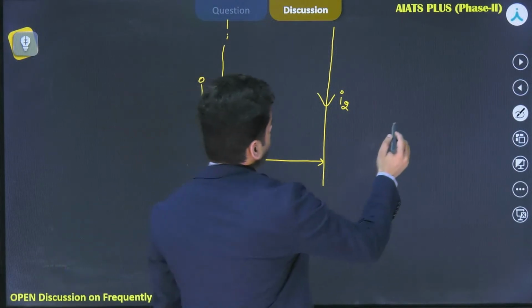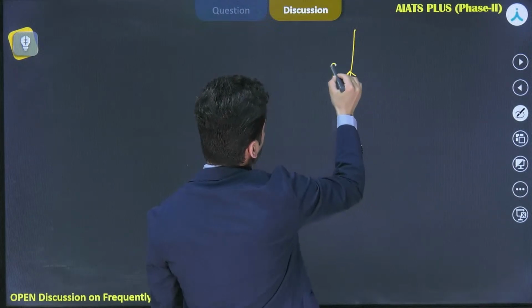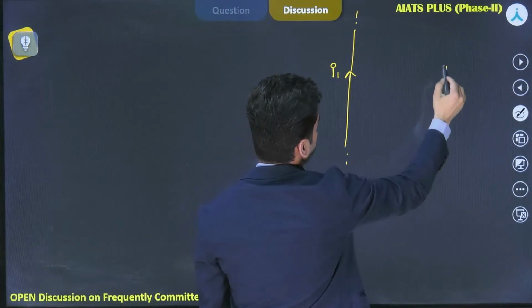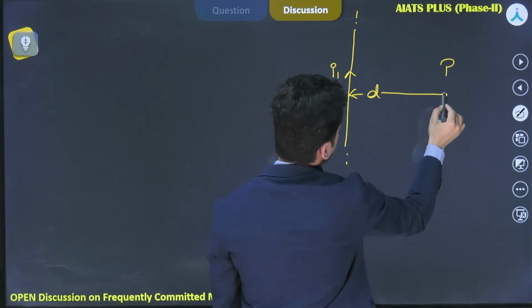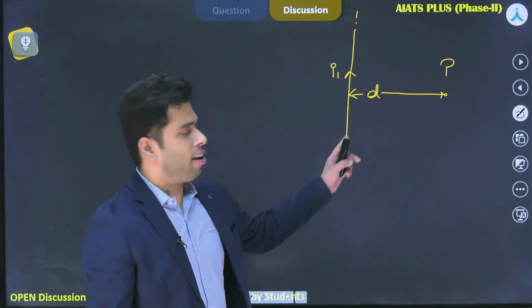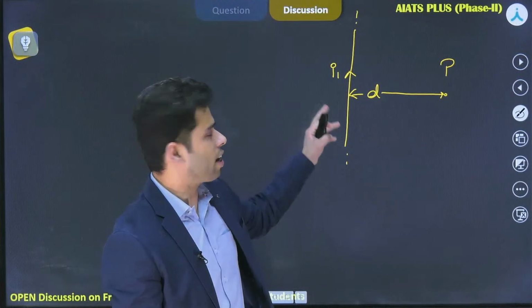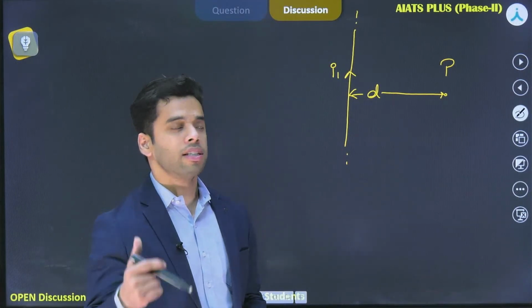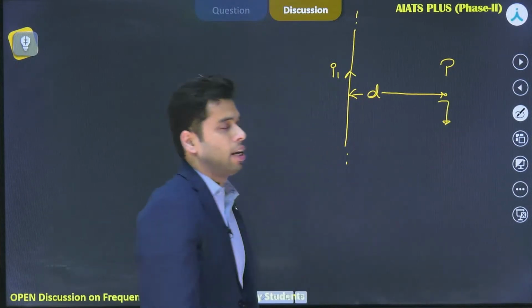Now, tell me, if I have an infinite wire I1, and I want to calculate the magnetic field due to this straight infinite wire carrying current I1 at a point P, which lies at a distance d, what should be the value of magnetic field at this point? Can anyone give me the value?